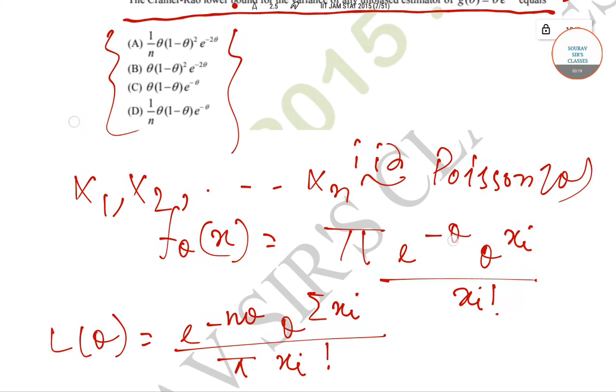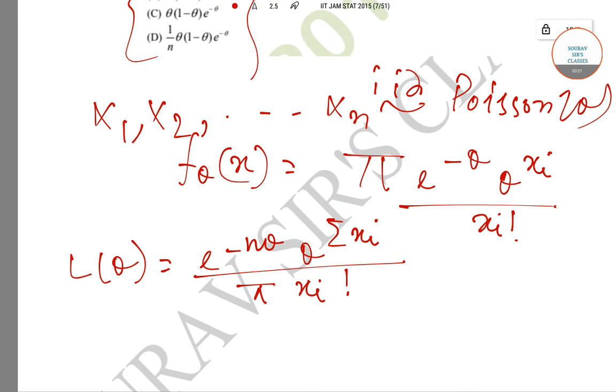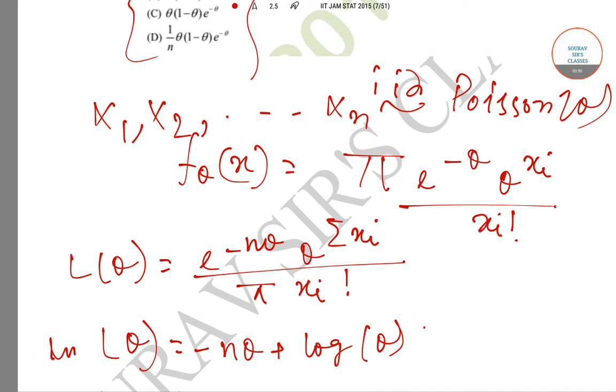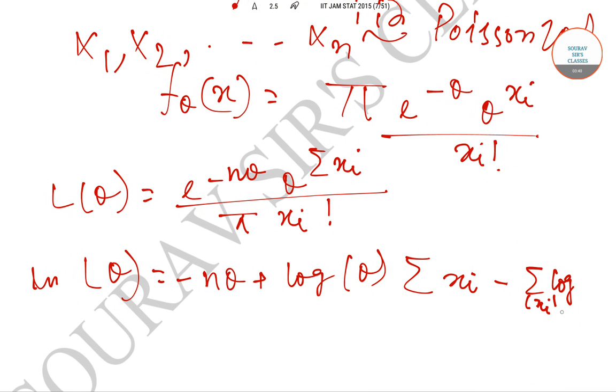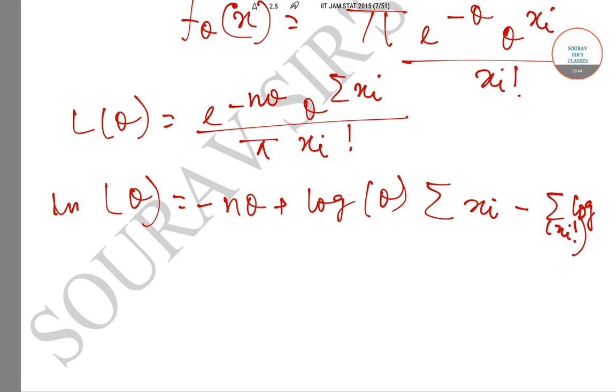Now we can say that ln L theta is equal to minus n theta plus log theta summation of xi minus summation of log xi factorial.